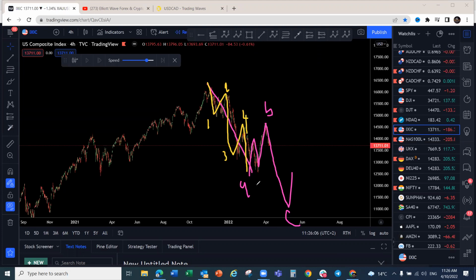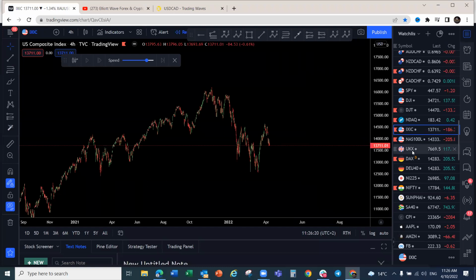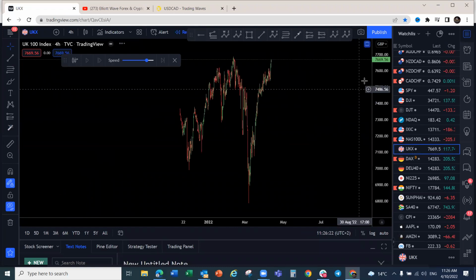I'm going to put 5 there just to avoid cluttering the chart, and we would expect the same here on the C. It looks like that is already what is starting there on the C. 1, 2, 3, 4, 5. Let's see. Those are the indices.